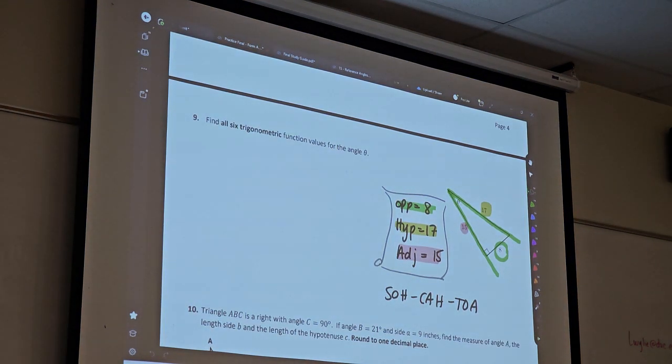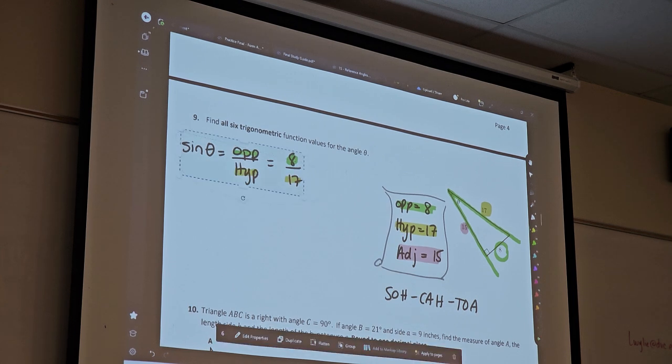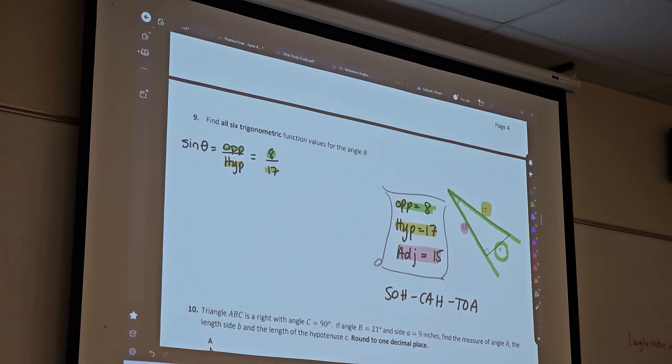So, sine is opposite over hypotenuse. It is 8 over 17. Once I have that, I have its reciprocal for free. The name for the reciprocal of sine is cosecant. I'm sorry. Freebie.